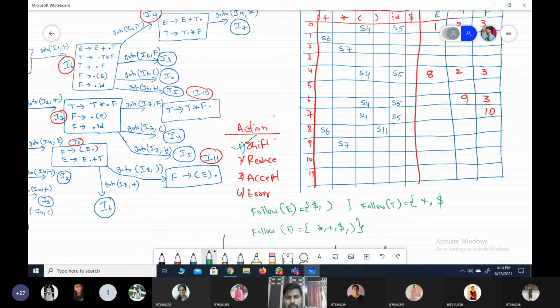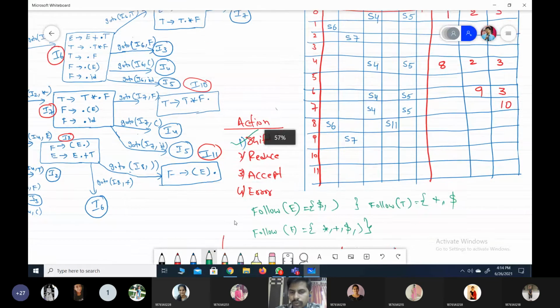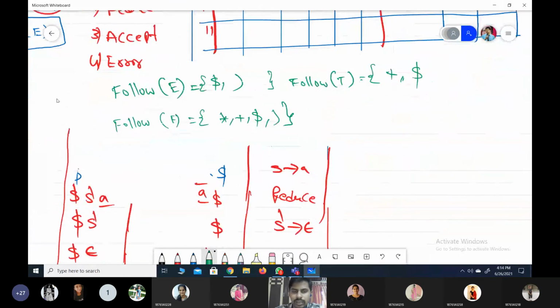Follow of E contains plus? Is plus not added? In follow of T, we have right parenthesis also. Once again, I am repeating the follow of E symbols up to now; here I am writing. Is it correct or not?